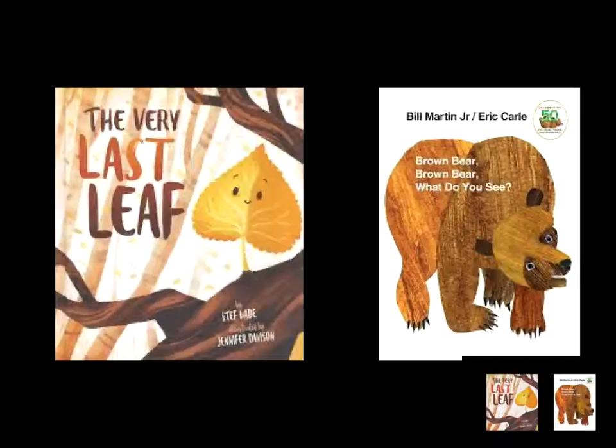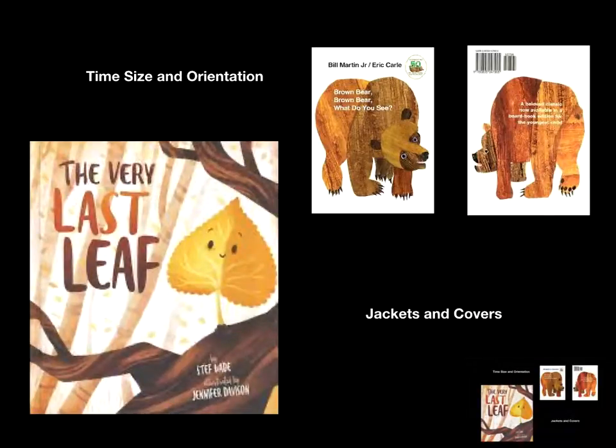In this video, I will be comparing Brown Bear, and The Very Last Leaf. Let's begin. The first one is time, size, and orientation. Brown Bear, we can see that this book is about different animals and what they look like, so we get the portrait style view for the cover.